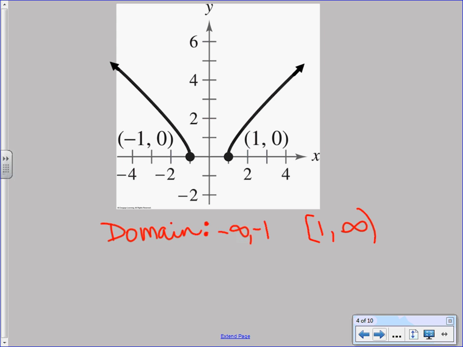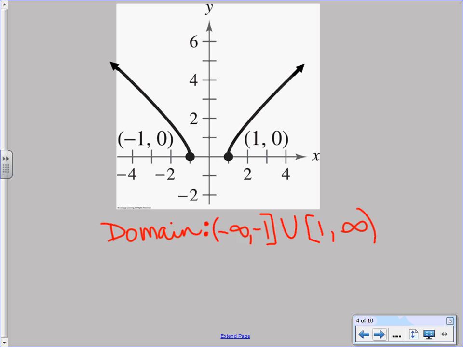Okay. -1, bracket or parentheses? Bracket, because we have a value there. We can include it. What about negative infinity? Parentheses. Okay. Anytime you have more than one interval, you can connect them with a union symbol. Okay, so that's just saying these two intervals union together to make our domain.